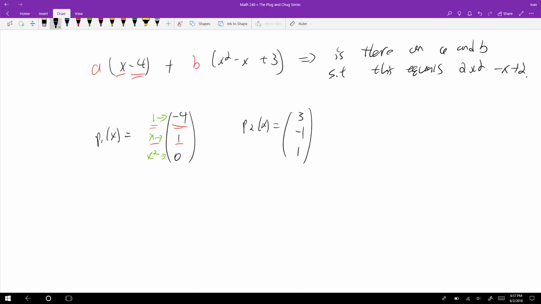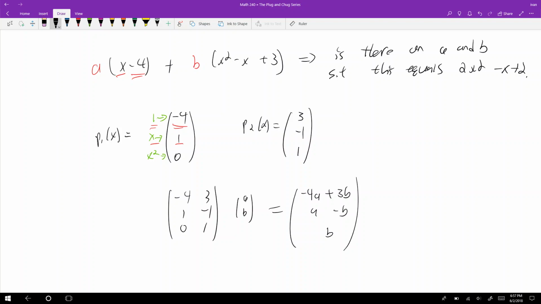All right, so what does this mean? Well, notice if I take the vectors (negative 4, 1, 0) and (3, negative 1, 1) and multiply by (a, b), this is equal to negative 4a plus 3b, a minus b, and b.